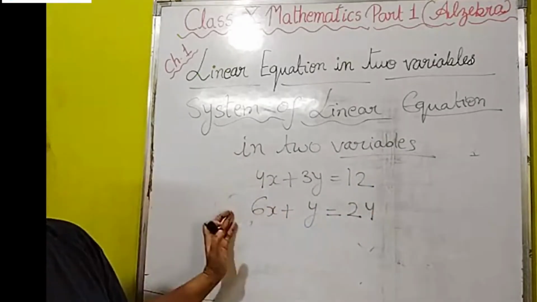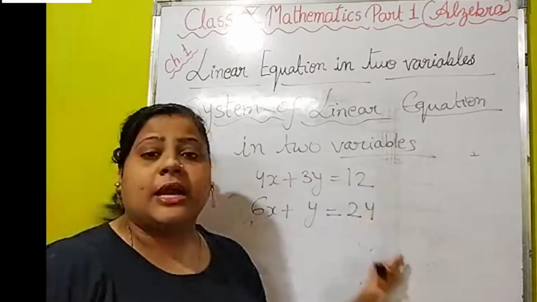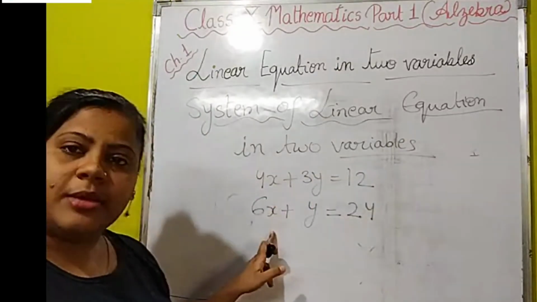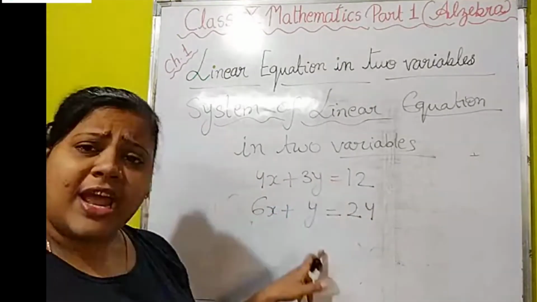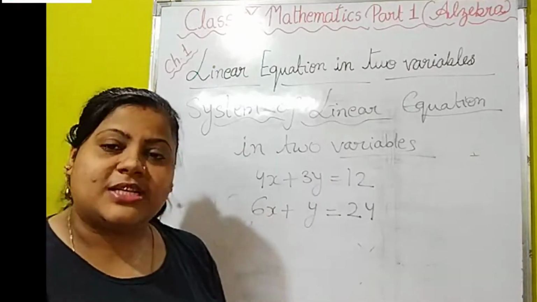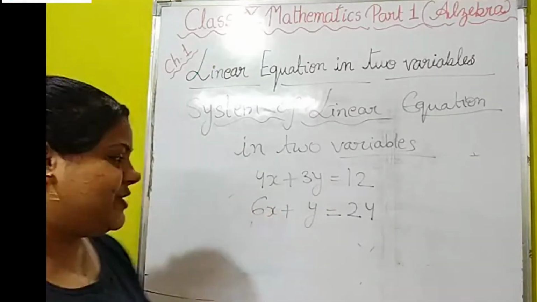If we have these two equations, this becomes a system of linear equations. How? Because here the same variables, x and y, can be found. So we can solve this because the variables are the same. So this becomes a system of linear equations.